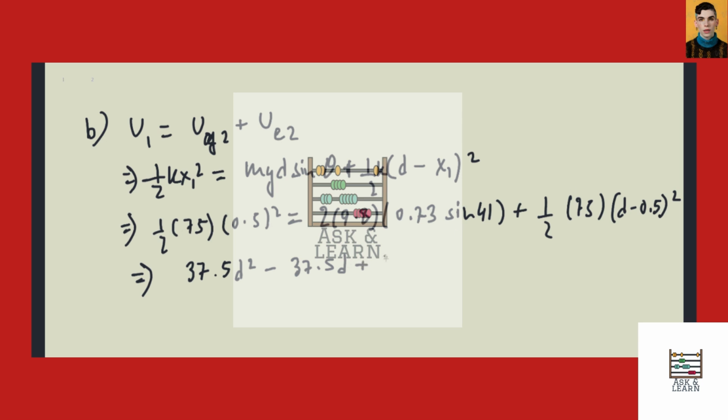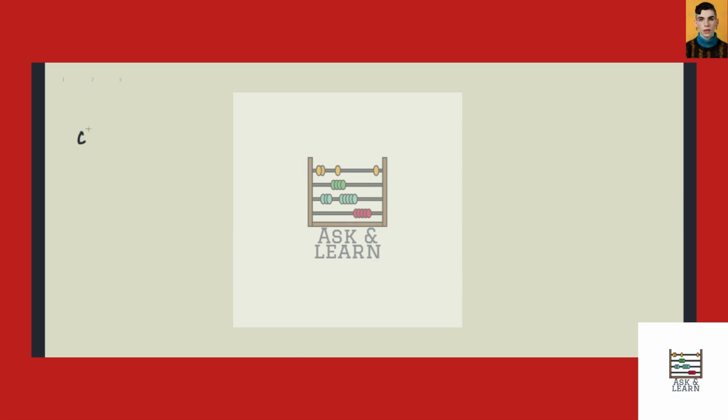The only other remaining term is plus 9.387. And therefore, we solve this quadratic to get d equals, d has to be positive, remember, so it is 0.66 meters.